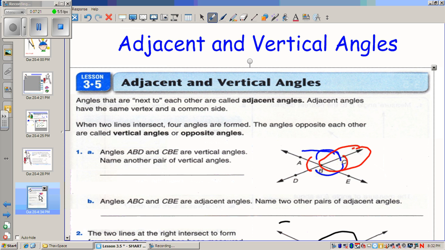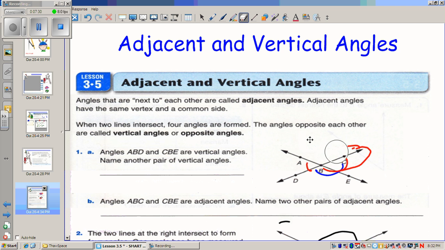So our last part of this lesson is on adjacent and vertical angles. And I want to start here. I have some drawings made here, and I want to erase my drawings, just so I can give you an idea. Angles that are next to each other are called adjacent angles. Adjacent angles have the same vertex and a common side.